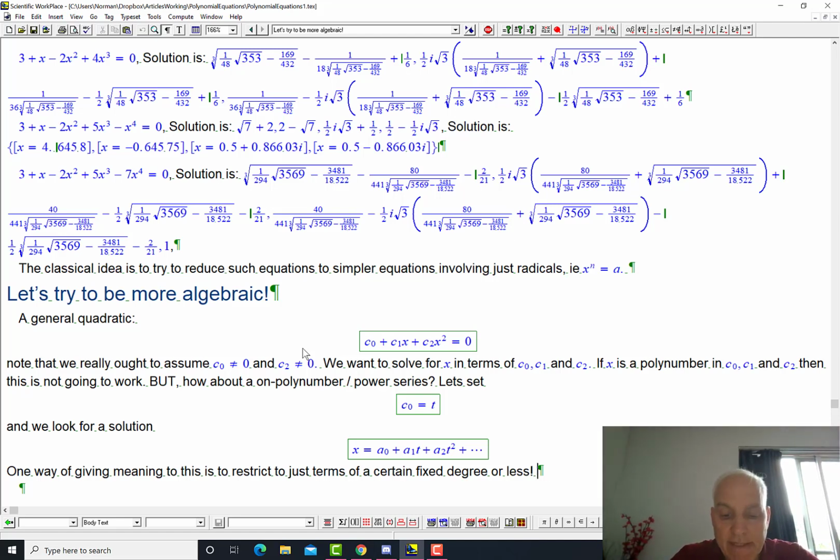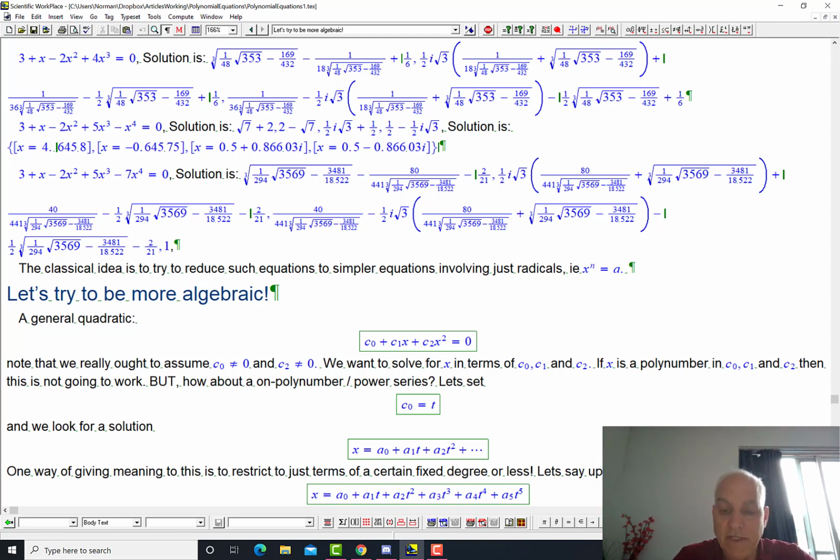So to be specific, we'll go a little bit more than quadratic: a sub 3 t cubed plus a sub 4 t to the fourth plus a sub 5 t to the fifth. We're going to go only up to degree 5.